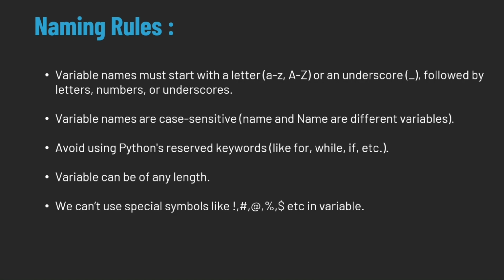We can't use these reserved keywords as variable names. Fourth, variable length. Variables can be of any length, short or long. It's up to you. Fifth, no special symbols. Avoid using special symbols like exclamation mark, hash, at the rate, percentage, and so on in variable names.